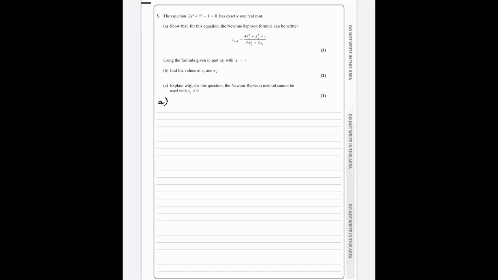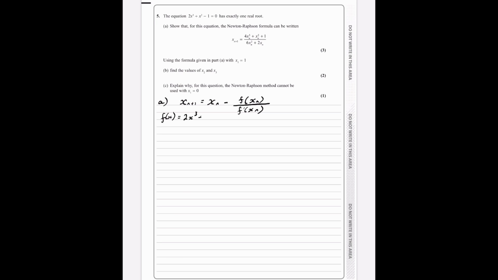Question number 5 is the Newton-Raphson method. So part A wants us to construct an iterative formula that will help us find the solutions. Jumping to the formula booklet, you get x n plus 1 is equal to x n minus f of x n divided by f dash of x n. That's the formula for Newton-Raphson.